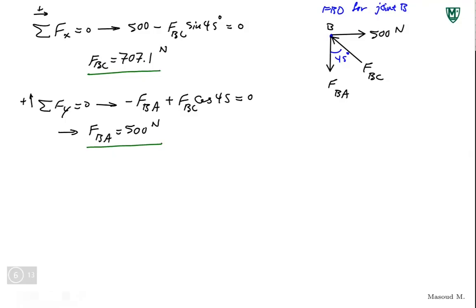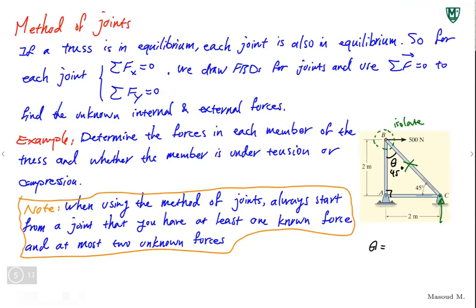Now, we found the internal forces in members BC and BA. Only one member is left, AC. We are asked to find the forces in each member. Now we know what is F_BC, we know what is F_BA, we want to know what is F_AC.